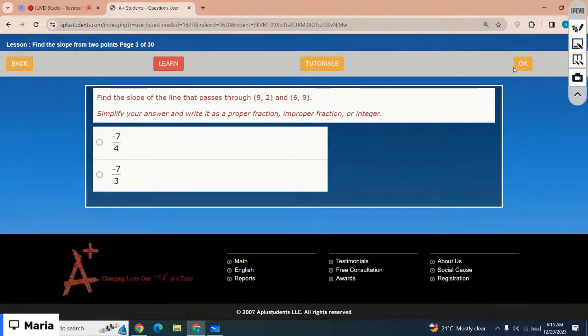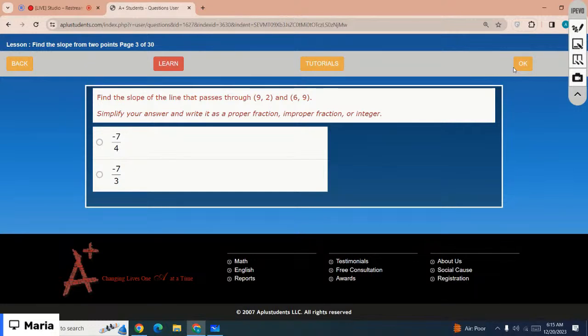The next one: find the slope of the line that passes through 9, 2 and 6, 9. The slope is change in y divided by change in x, so subtract the y coordinates and the x coordinates. 9 minus 2 is 7 and 6 minus 9 is negative 3.